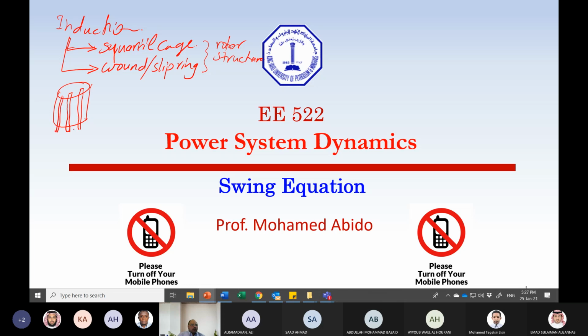And these bars are short-circuited here on both sides. It looks like a squirrel cage, so this is why the name comes. So these are aluminum bars or copper bars, short-circuited here by slip rings.